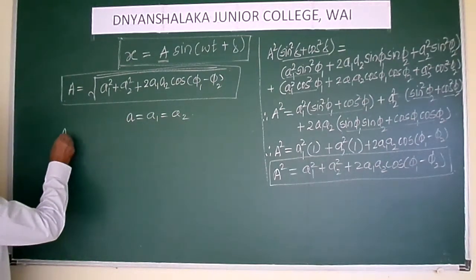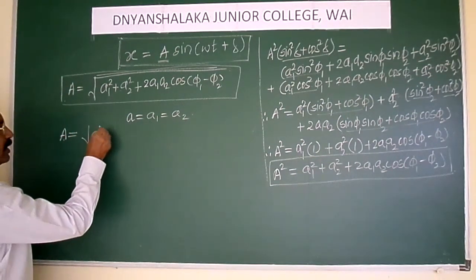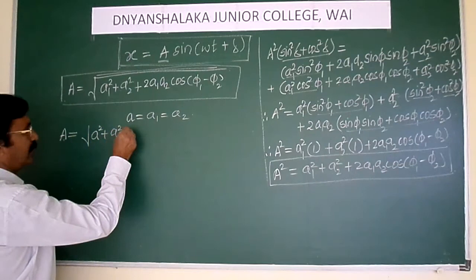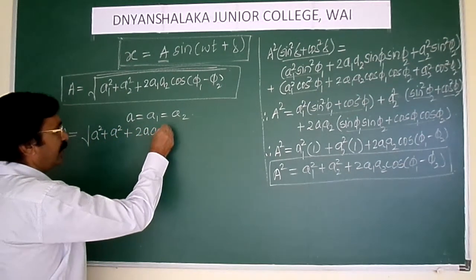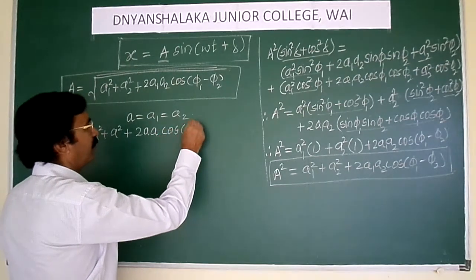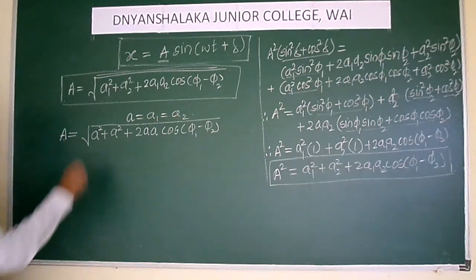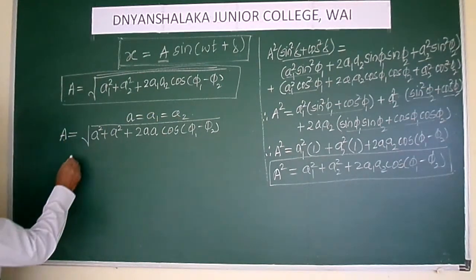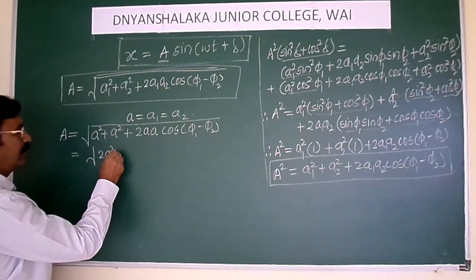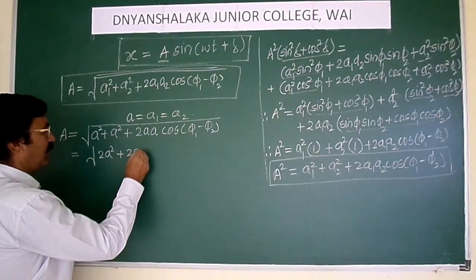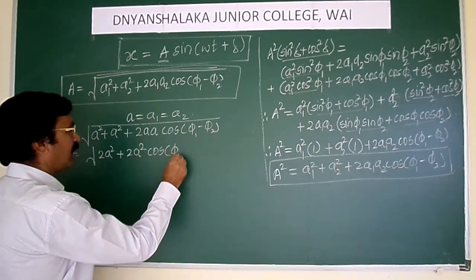Then the resultant amplitude capital A will be root of a square plus twice a square cos of phi 1 minus phi 2. So this will be root of 2a square plus 2a square cos of phi 1 minus phi 2.